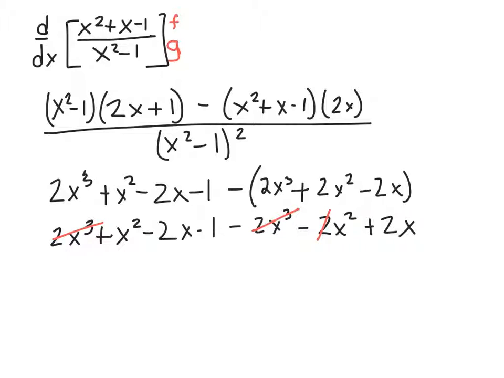One of the x squareds cancels out. The minus 2x and the plus x cancel out. So I'm left with a minus x squared minus 1 over x squared minus 1.